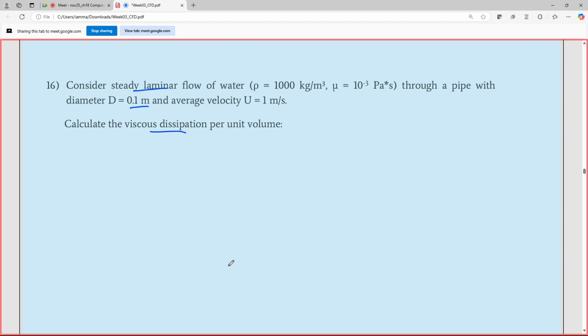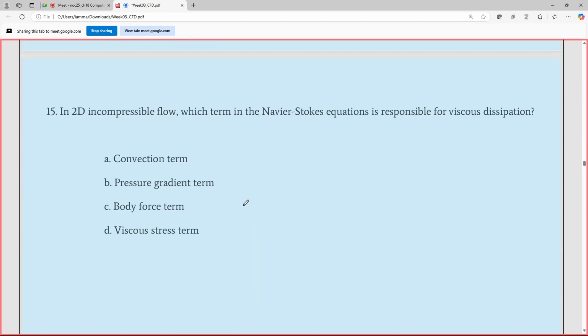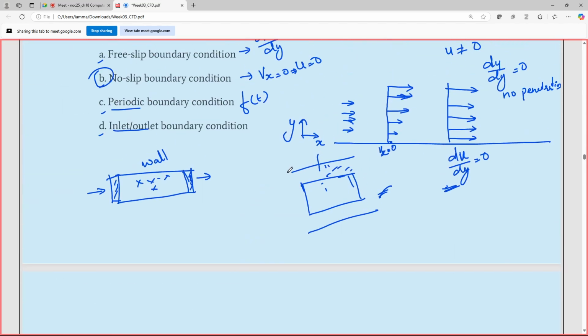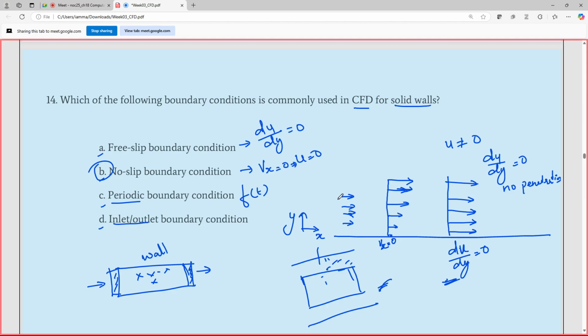And also for your previous question, where the free-slip boundary condition can be used: for inviscid flows and high Reynolds number external flows, we can also use this kind of boundary condition. Free-slip boundary condition can be used for high Reynolds number flows.